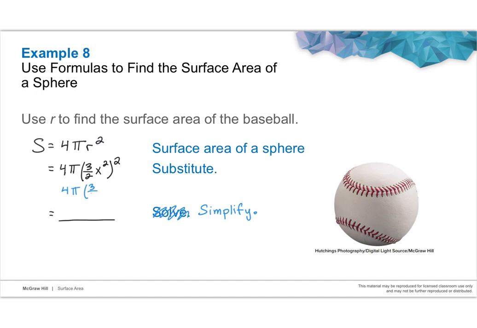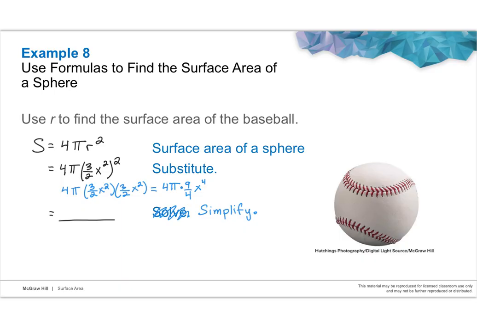So we would write 3/2 x squared times another 3/2 x squared. And when we multiply, we know we can multiply numerator times numerator over denominator times denominator. We'll rewrite that 4 pi there, but our 3/2 times 3/2 is going to be equal to 9/4. And our x squared times x squared is going to be equal to x to the 4th power.